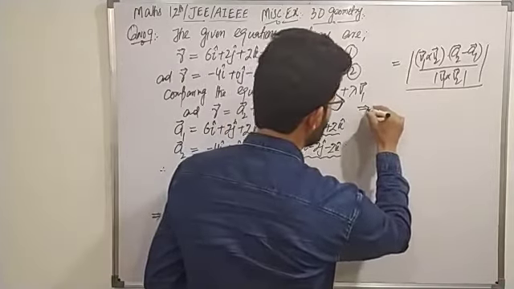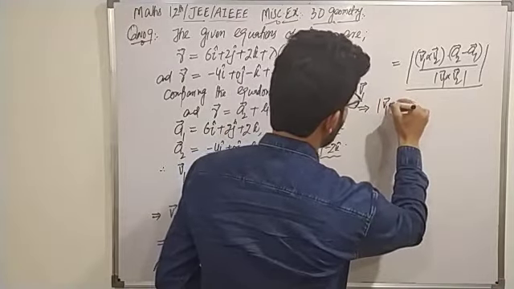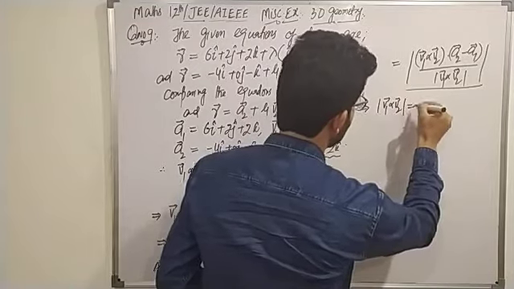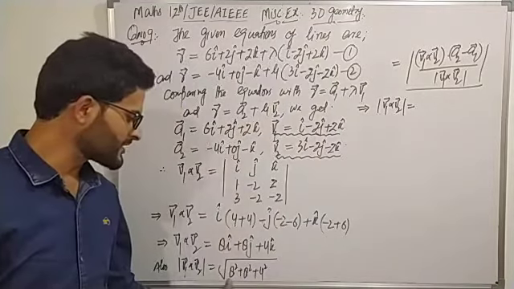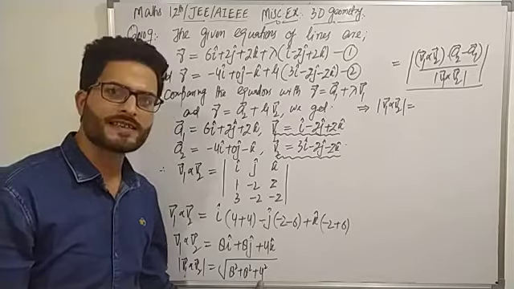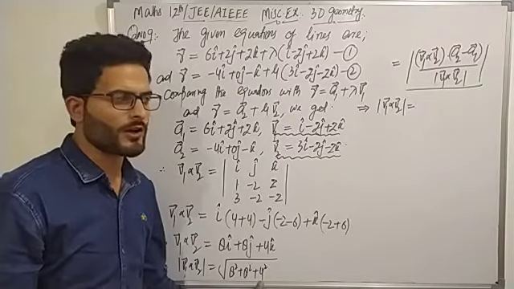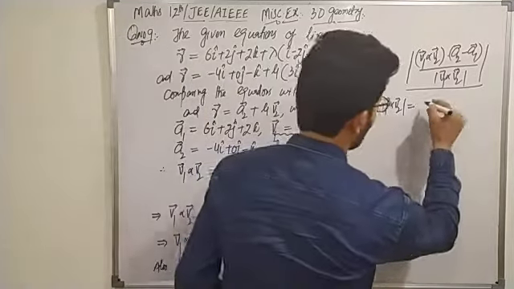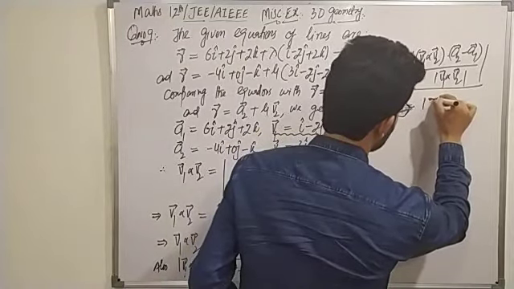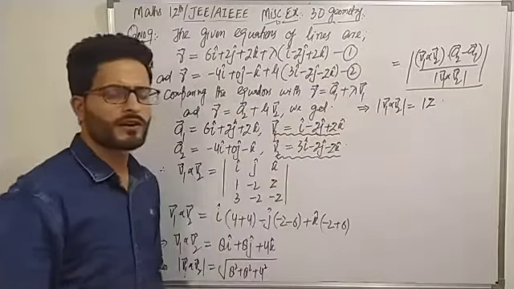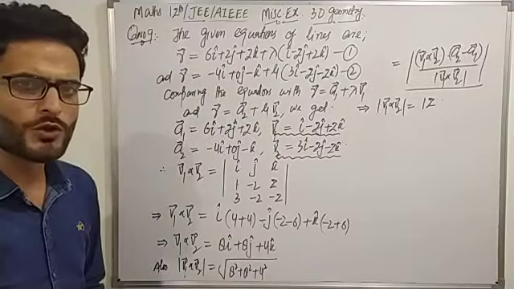So the magnitude is the square root of 64 plus 64 plus 16, that is 144, and the square root of 144 is obviously 12. So the magnitude of v1 cross v2 is 12.